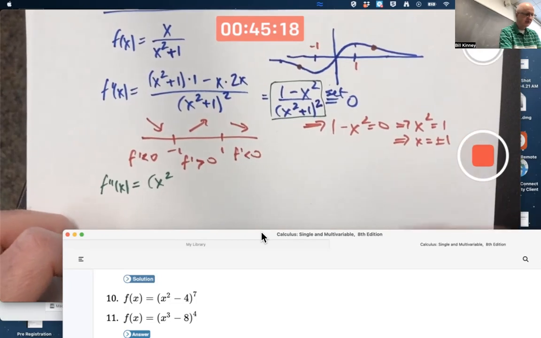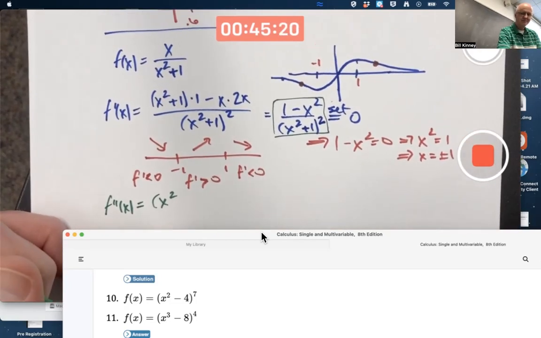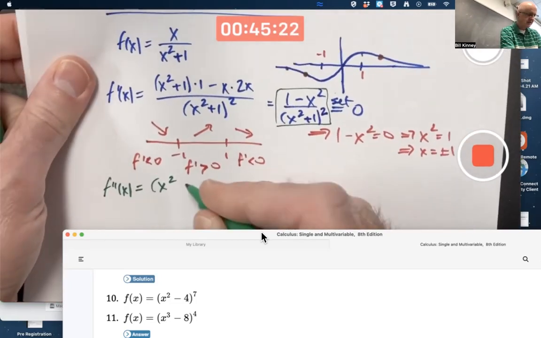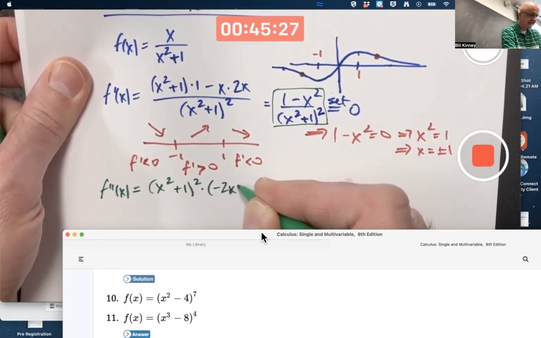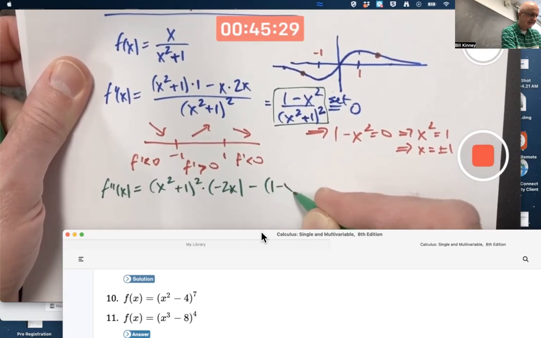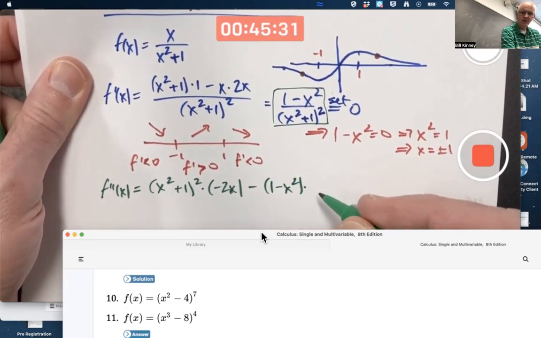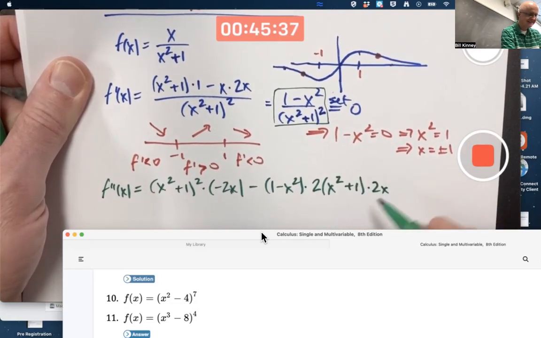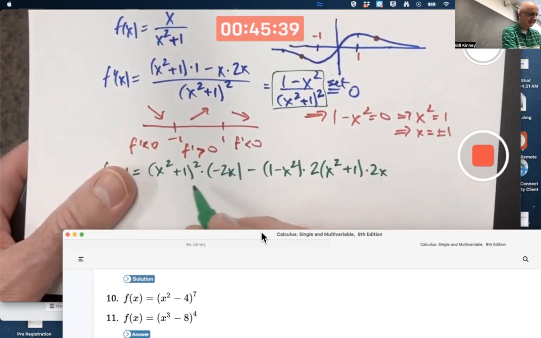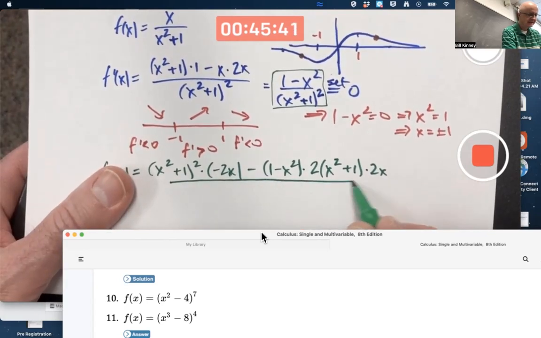That makes the derivative a little less pleasant here. Low d high minus high d low, the derivative of the low, I could use the chain rule for and get that. Yeah, this is looking not so pleasant. Over the square of what's below.